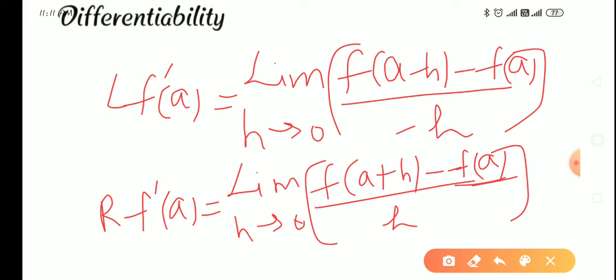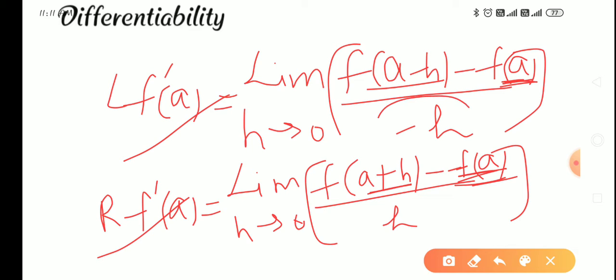Now you can see this one is for LHD, this one is for RHD. What is f(a minus h)? For LHD a minus h will come, for RHD a plus h will come. In both the cases minus f(a) will be there.